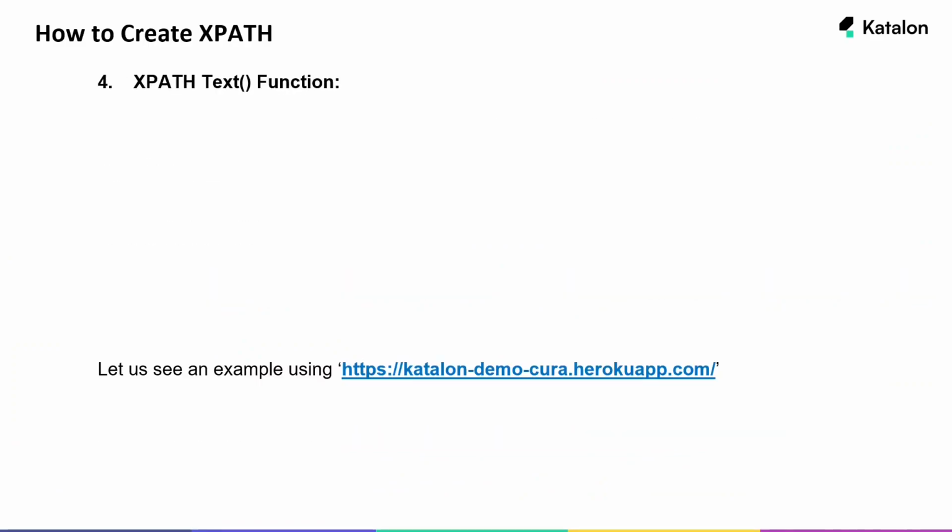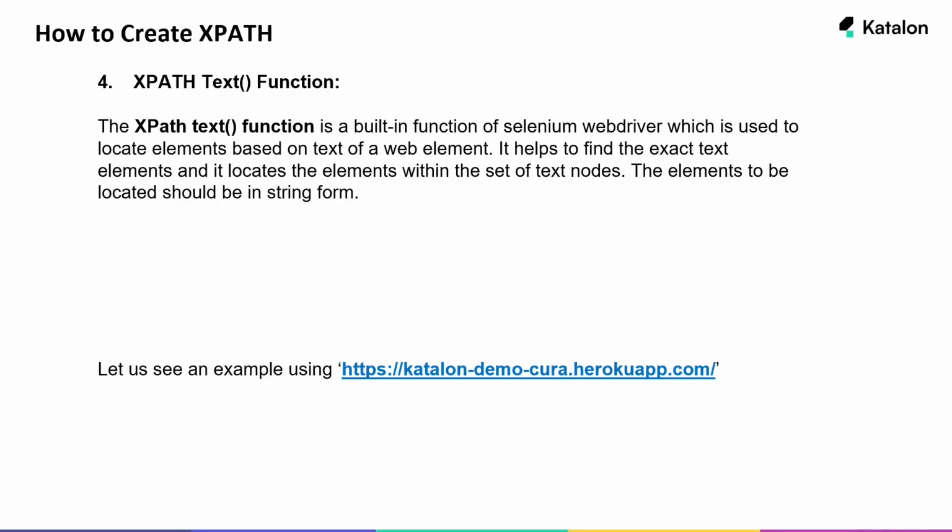Our next method is, how can we create XPath by using the text function? The XPath text function is a built-in function of Selenium WebDriver, which is used to locate elements based on the text of a web element. It helps to find the exact text elements, and it locates the elements within the set of your text nodes.